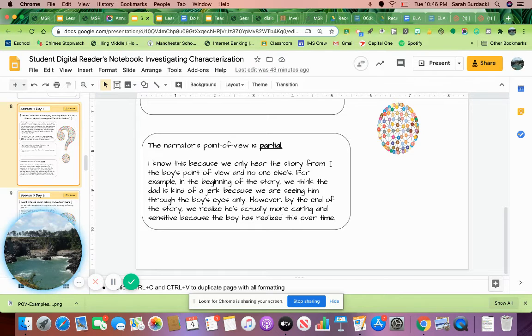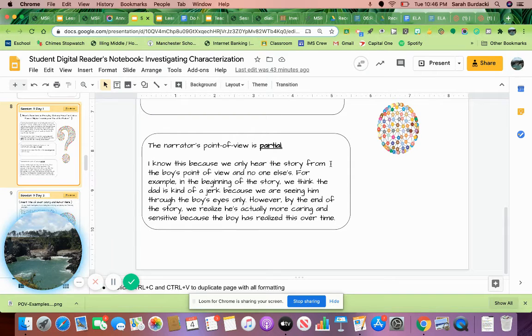And I know this because I only hear the story from the boy's point of view and no one else's. For example, in the beginning of the story, we think the dad is kind of a jerk because we're seeing him through the boy's eyes only. However, by the end of the story, we realize he's actually more caring and sensitive because the boy has realized this over time.